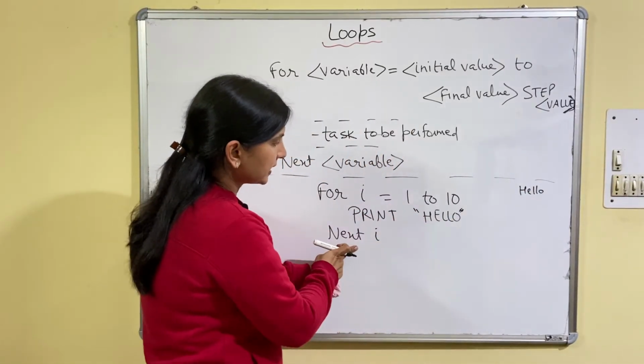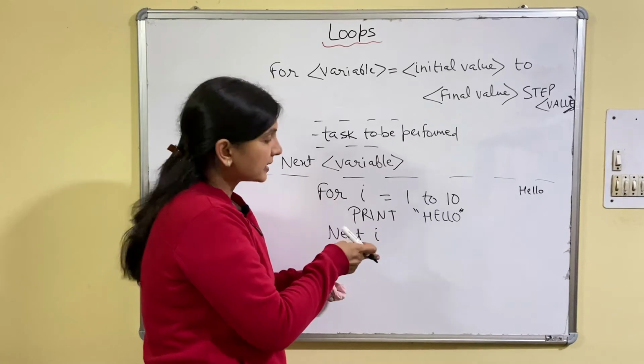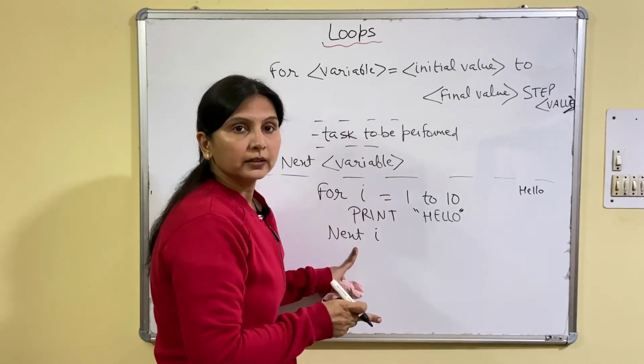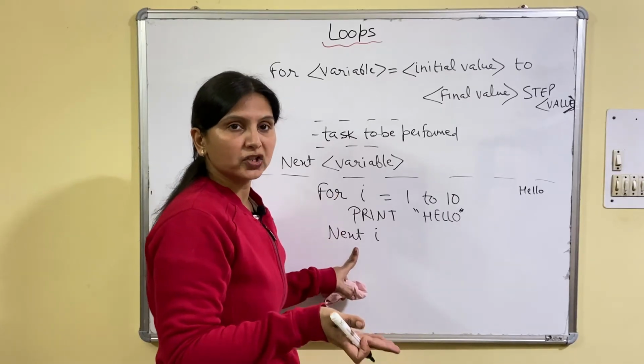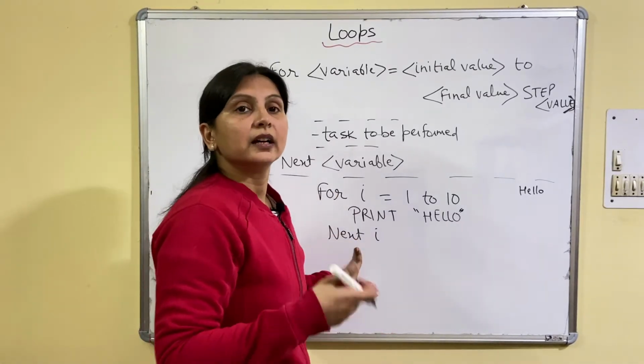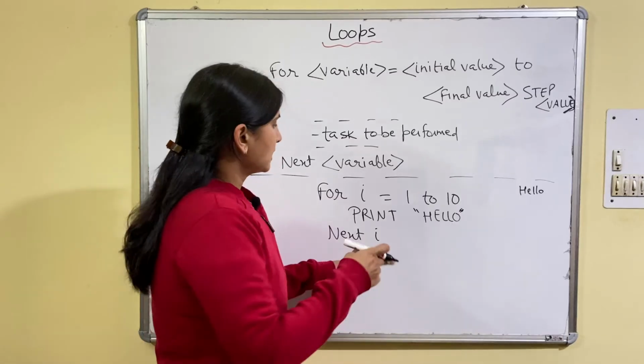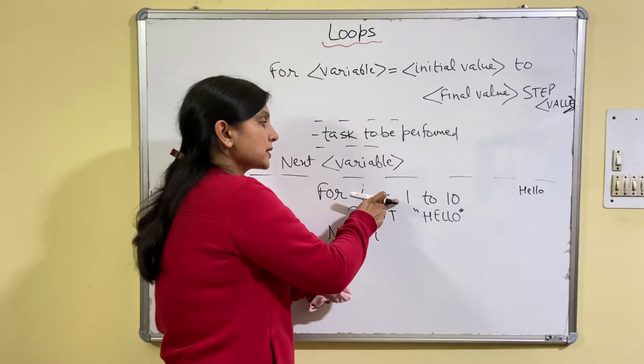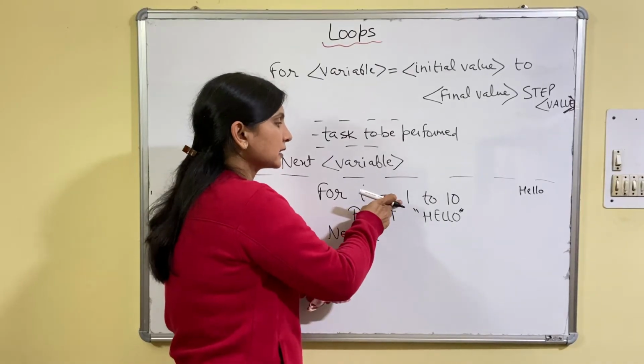Then it will come to next I. What is the role of next I? Next I will return the control for the next iteration. Iteration means the next repetition. So for repetition, it will send the control back.